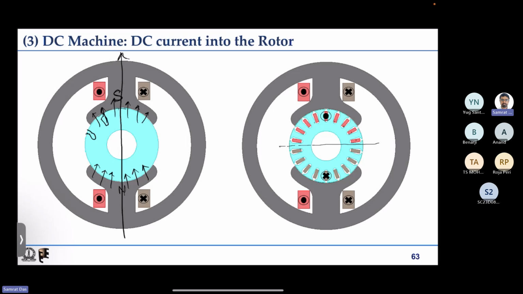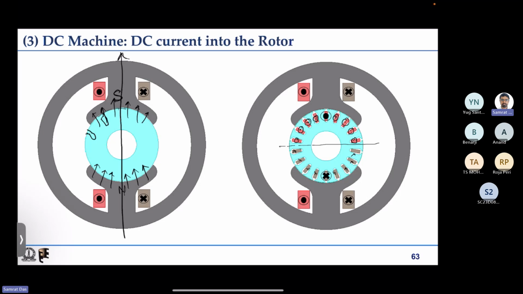So at this given instant, all these are dot, and all these bottom ones are cross, of the same magnitude. Earlier when we saw the rotor bars, it was currents of different amplitudes in different bars, but in this case all the different conductors are having the same current.